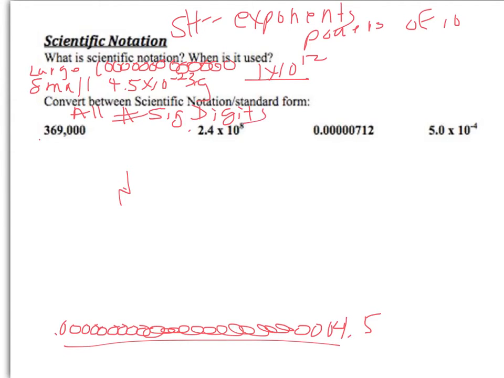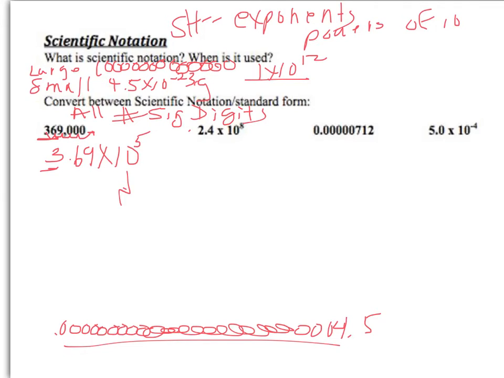So these are the only three significant digits, and I want to include all of those in the coefficient. And the rule is there's always one non-zero digit to the left of the decimal, so it's 3.69 times 10 to the something. So what I do is I count how many places I have to move the decimal point. And right here, the decimal point is right here on this number. So I go 1, 2, 3, 4, 5.